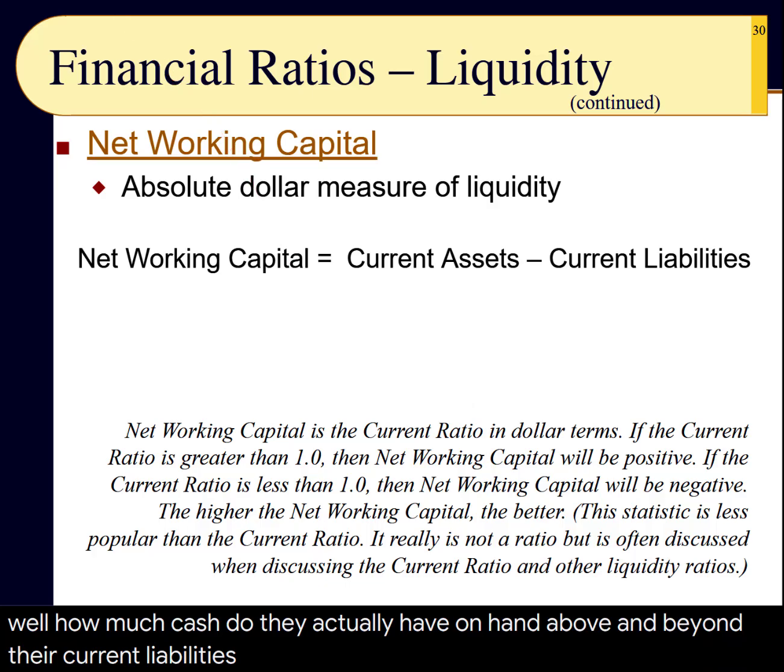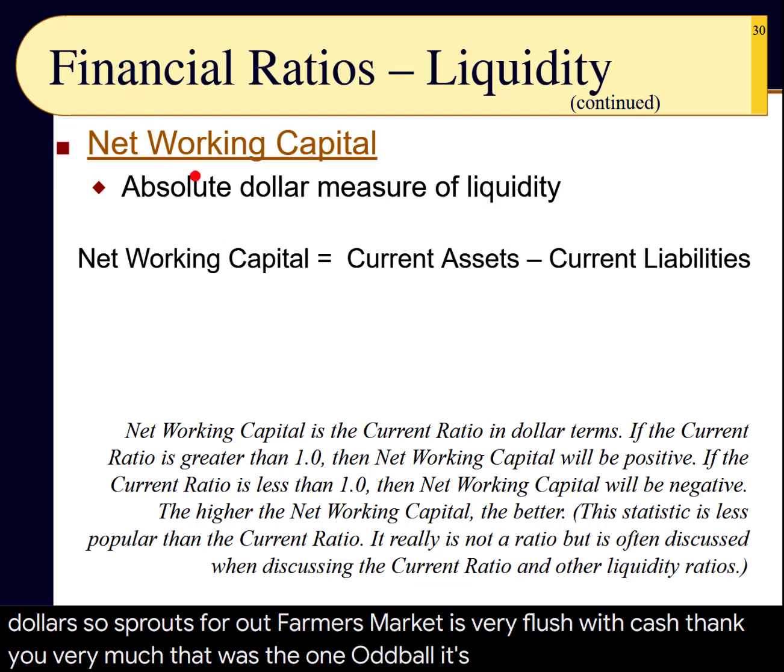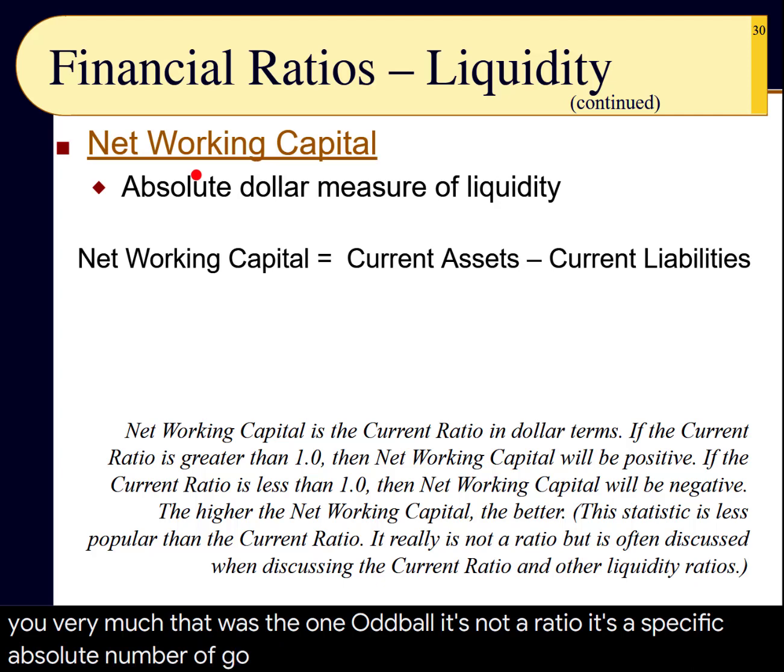Again, if we go back to the balance sheet, we take the current assets of $673,800, subtract $522,380, and we get $151 million. So Sprouts Farmers Market is very flush with cash. Thank you very much. That was the one oddball. It's not a ratio. It's a specific absolute number of dollars.